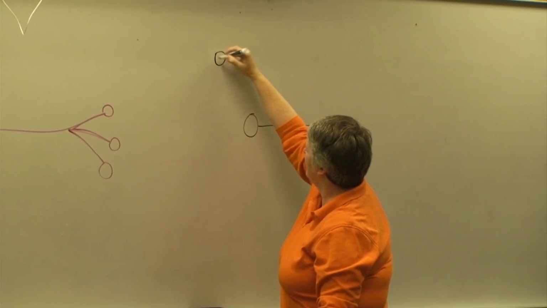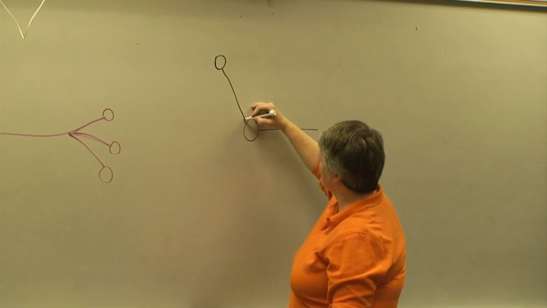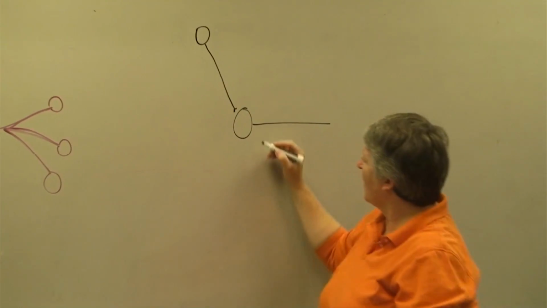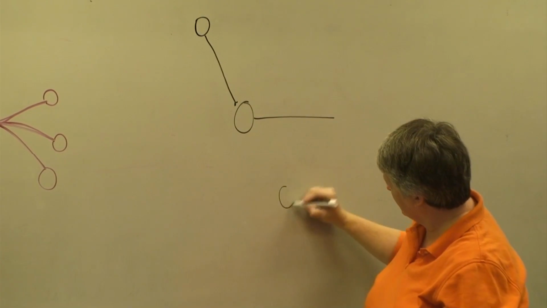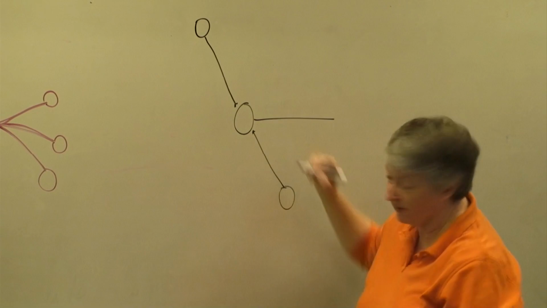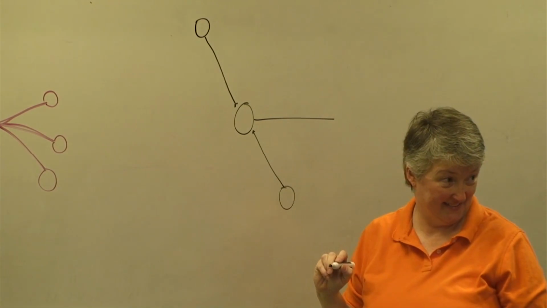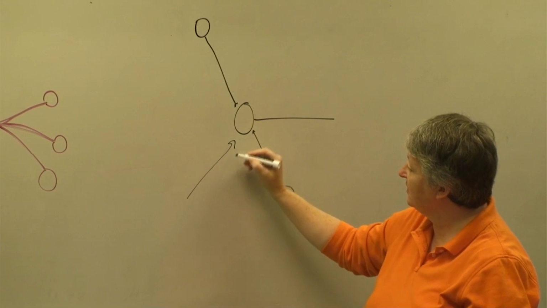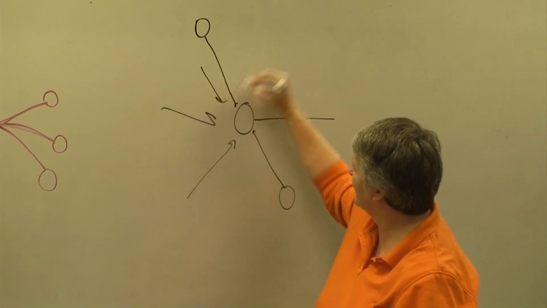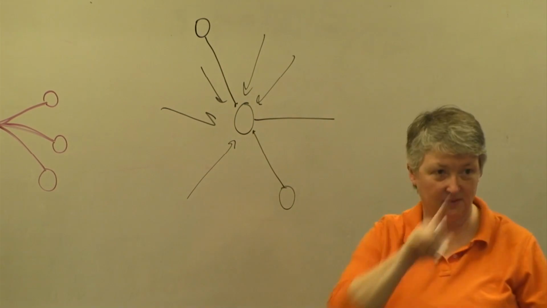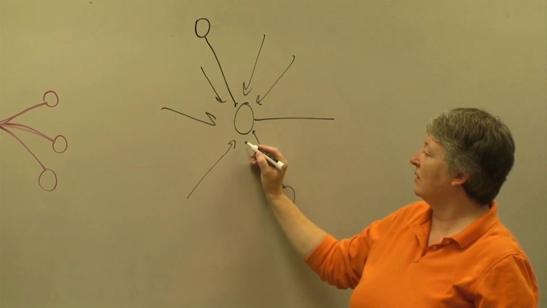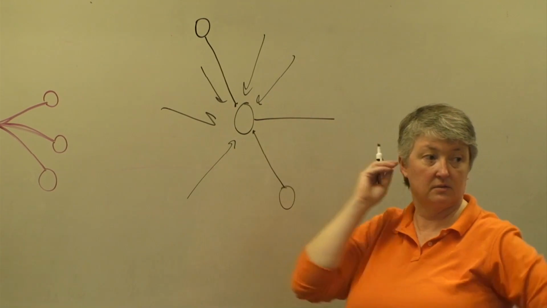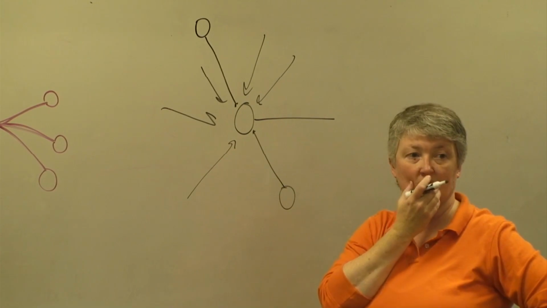and I can have a neuron that synapses with it right here. Or I could have another neuron that synapses with it right there. Or I could have a bazillion neurons synapsing all over the place. Some of them opening sodium channels, some of them opening potassium channels.